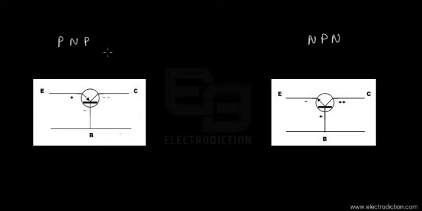So over here, if you just take a look at the PNP type transistor, since it's the PNP type transistor, we need to obviously forward bias the junction that occurs between the emitter and the base. So that's why we put a higher voltage, a positive voltage, on the emitter terminal with respect to the base terminal.